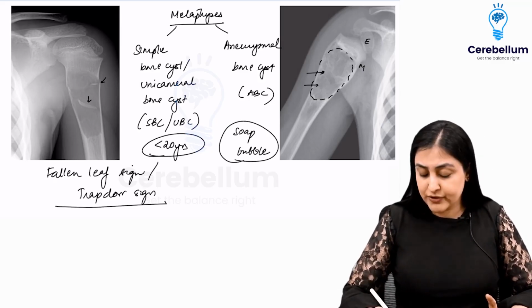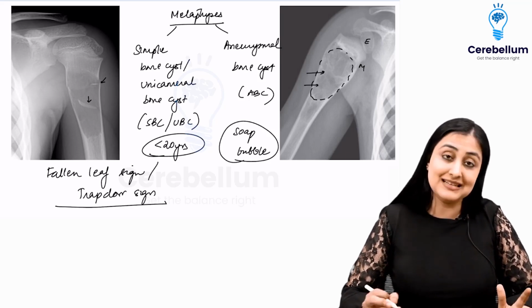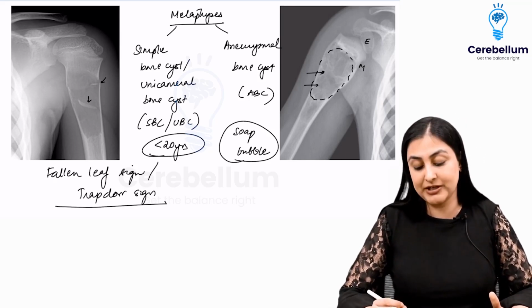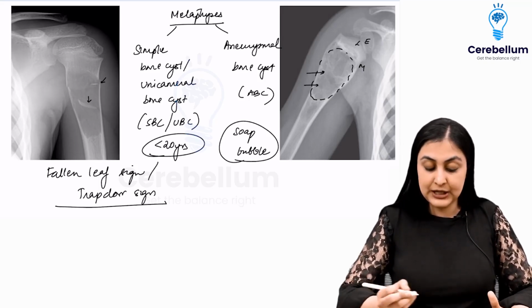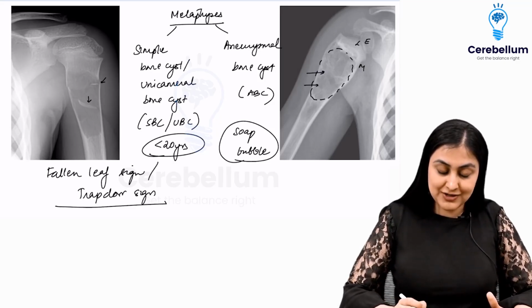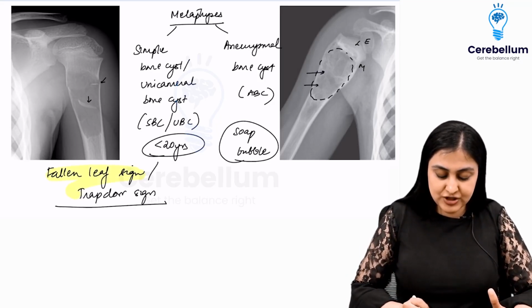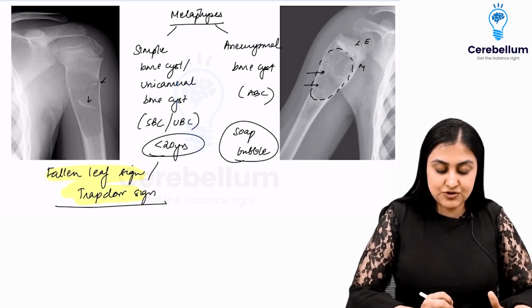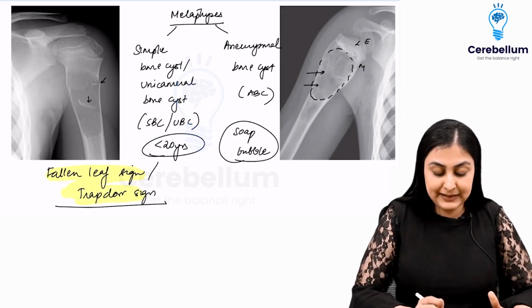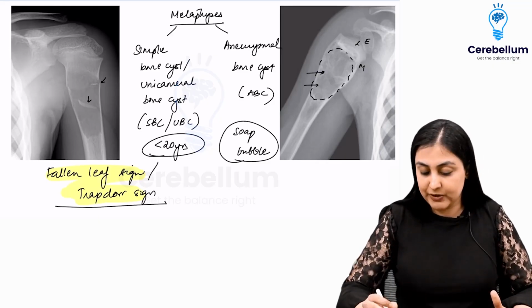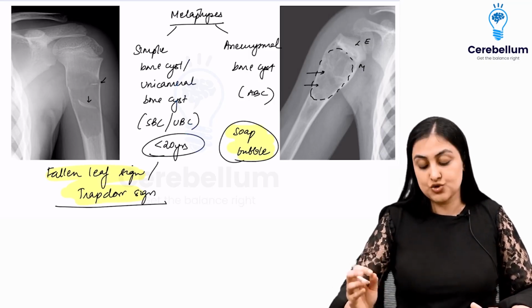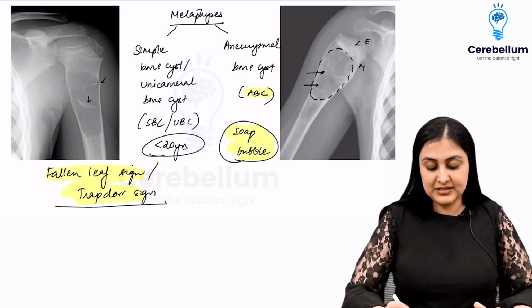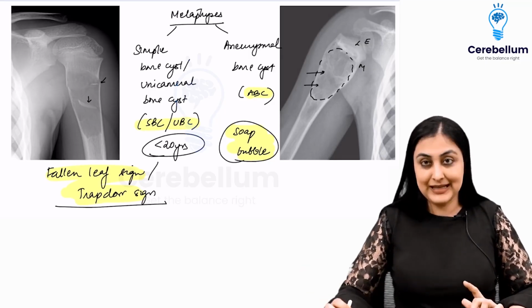Here the age is not really specific, so you can see it in less than 20 years also, more than 20 years also. Okay, so like in this case you can see it's a child because the growth plate is not fused. So how you want to actually distinguish them is look at the matrix. Here it's a very simple matrix, it's not having any septae, but there's a fallen bony fragment, while here there are multiple trabeculations and it has a soap bubble appearance. Okay, so this is about SBC and ABC.